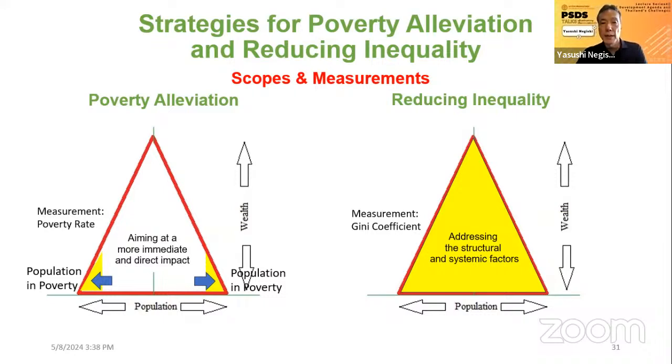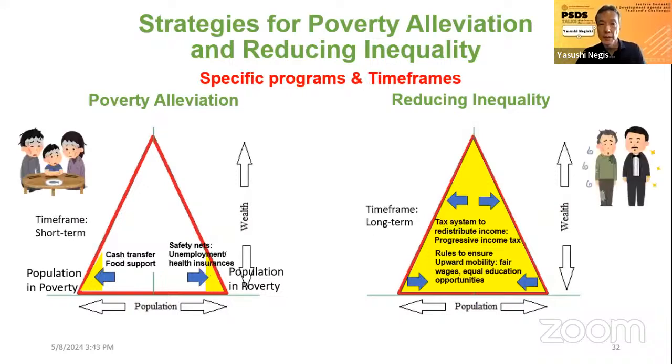Maybe I can explain more specifically by comparing the programs and time frames. So in the case of reducing inequality, we deal with the entire society, and for such a case, we use the tax system to redistribute incomes.